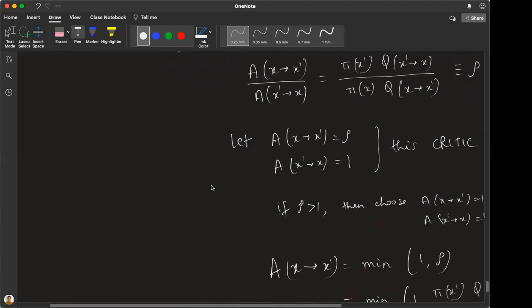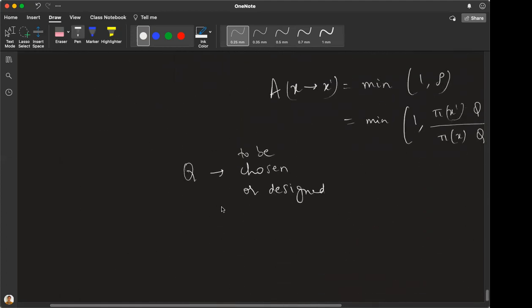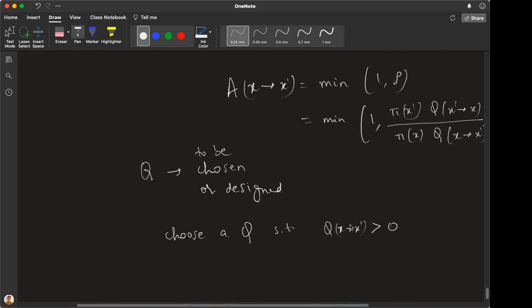And okay, now while choosing this Q, it has to be kept in mind. Choose a Q such that your Q of x to x dash is greater than 0 for all values of x dash.